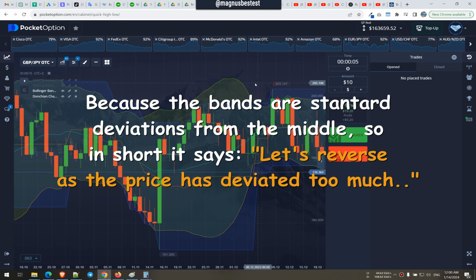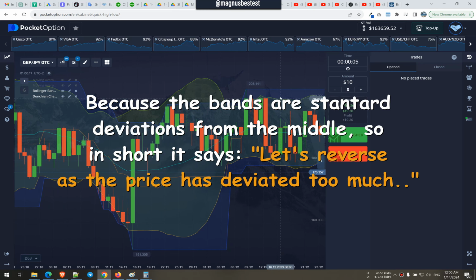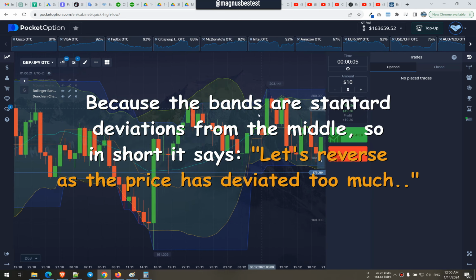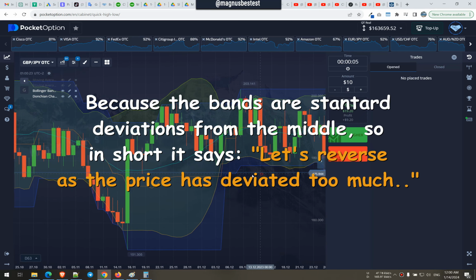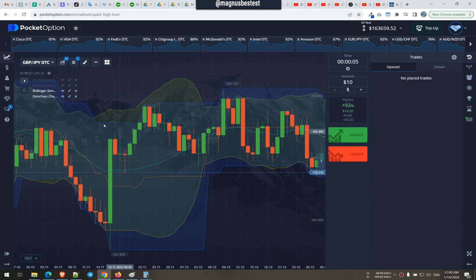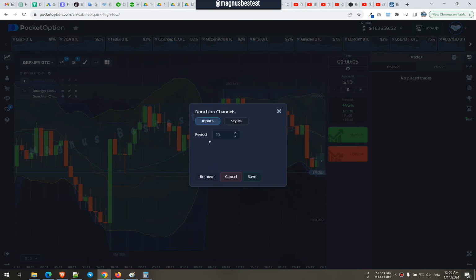But with Donchian channels, it shows you where the high was, or let's show this low. Where was the low over the last 20 candles, or whichever period we have set up? Now we have 20.